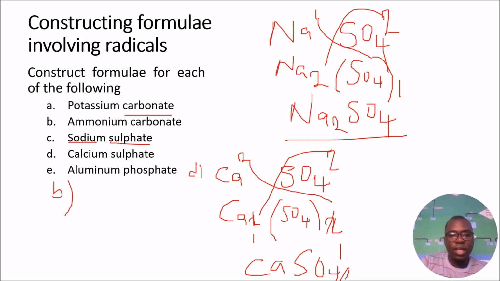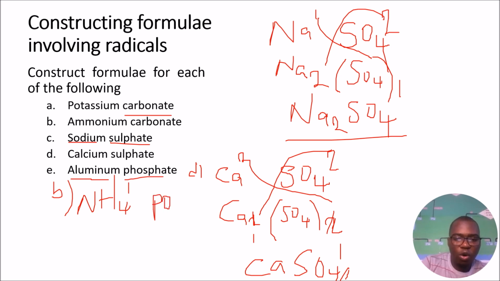And then let's look at the last one here, which is ammonium sulfate. So ammonium sulfate, again, we're going to have NH4, and the valence is 1. Then we have the PO4, okay, PO4 with a valence of 3. Then you interchange those.